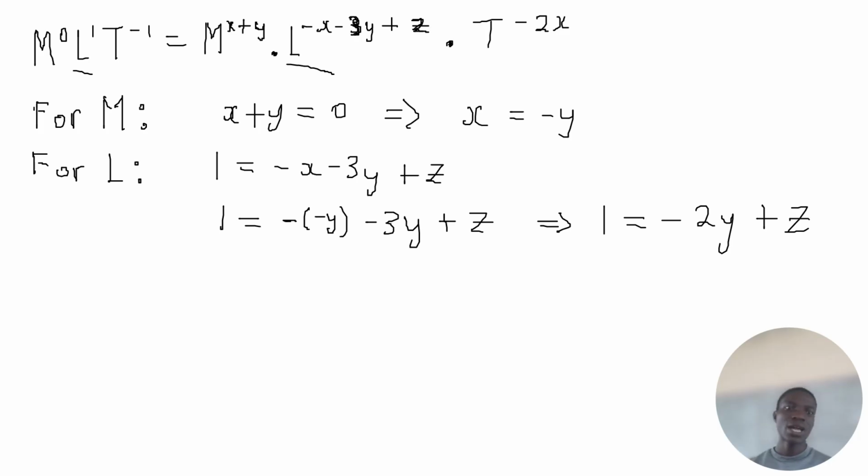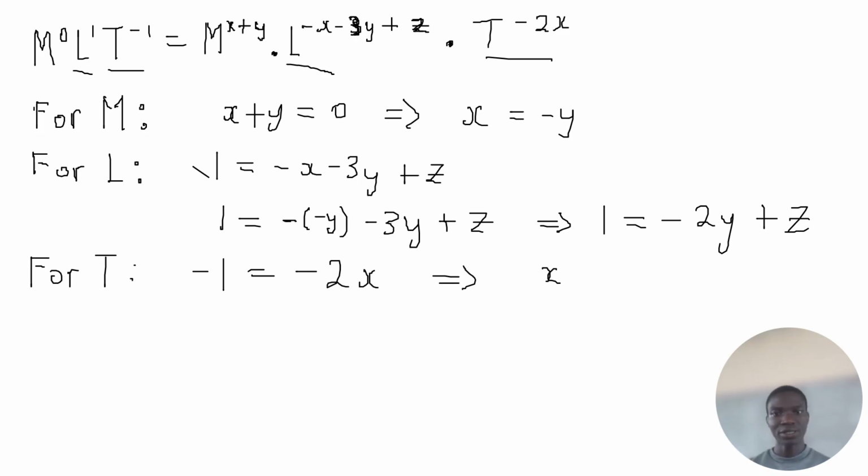All right, and for t, so for t, we compare the exponents here, this and this. Okay, so we have minus 1 equal to minus 2x, good, and this implies that our x will be equal to 1 over 2.